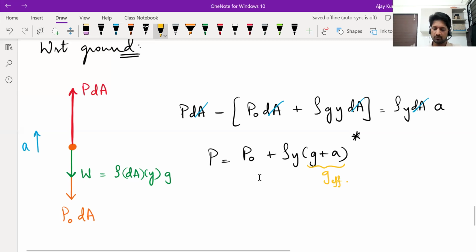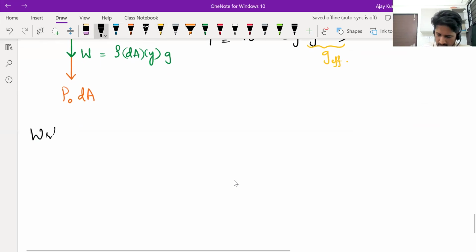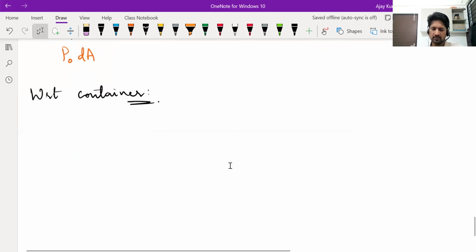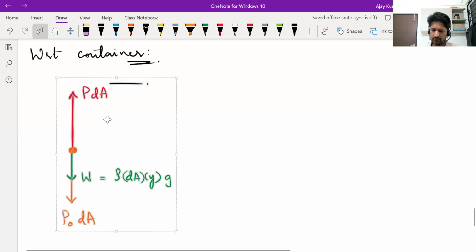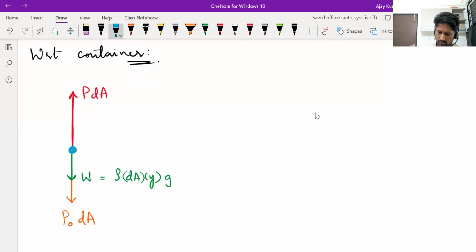That's all. Suppose you want to write the equation with respect to container. Now the container is an accelerated frame of reference. You need to apply pseudo force. Can one of you tell me the basic formula for pseudo force? So mass into acceleration of non-inertial frame. Yeah, mass of the object on which you want to apply the pseudo force, multiplied with acceleration of the non-inertial frame from which you are observing it.